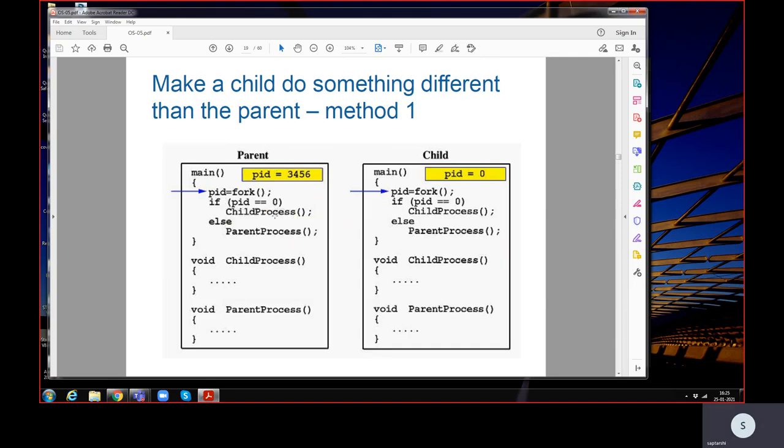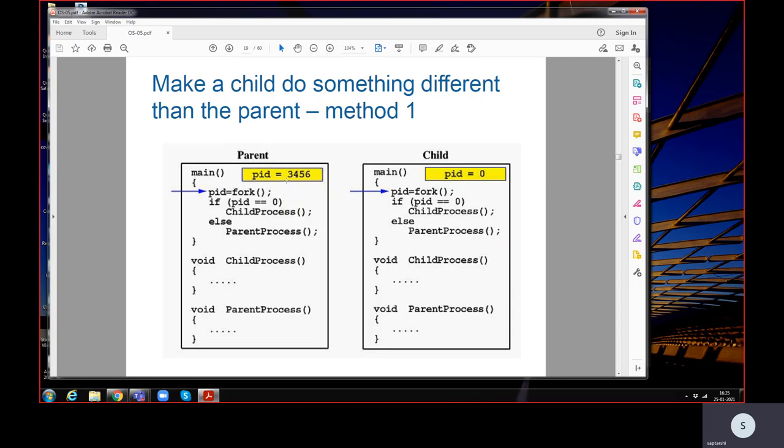To the parent, the fork will return the PID of the child, which in this example is 3456. Let's say the parent has a PID of 3450. It created a new child and the kernel assigned the PID 3456 to that child.